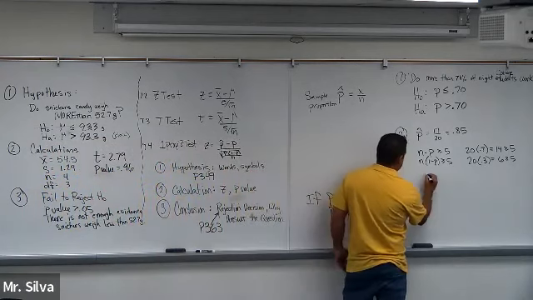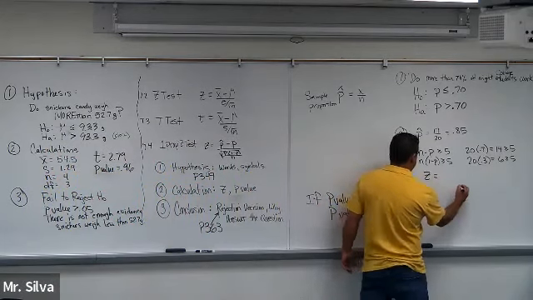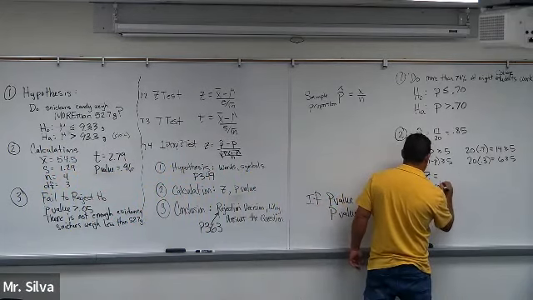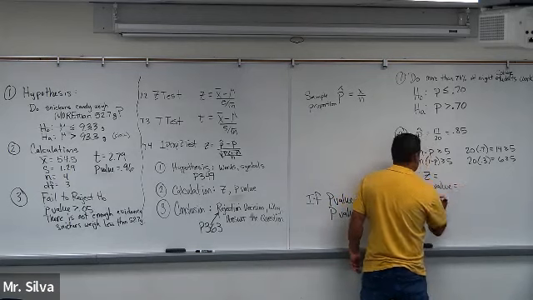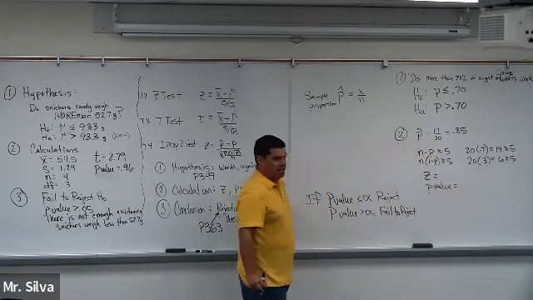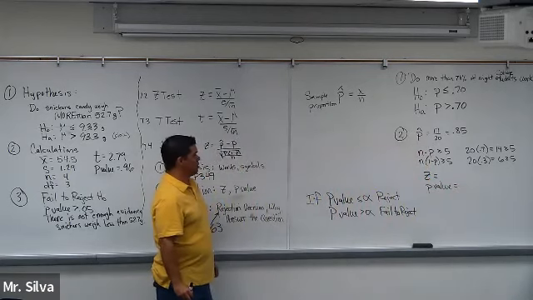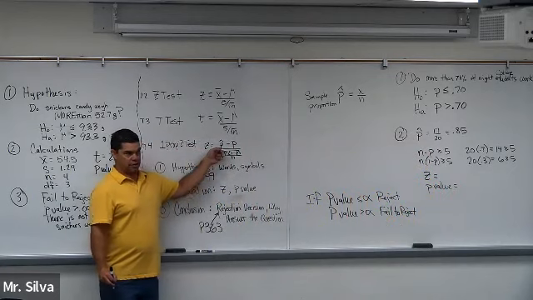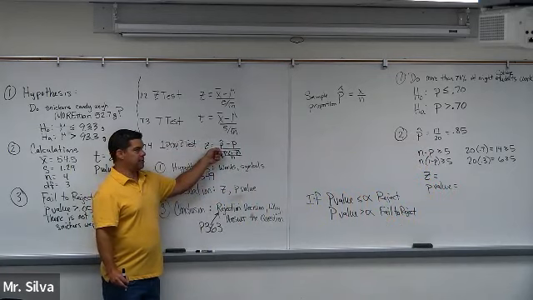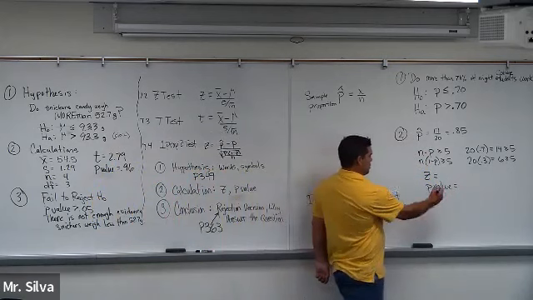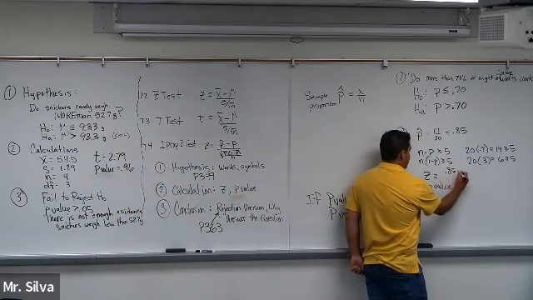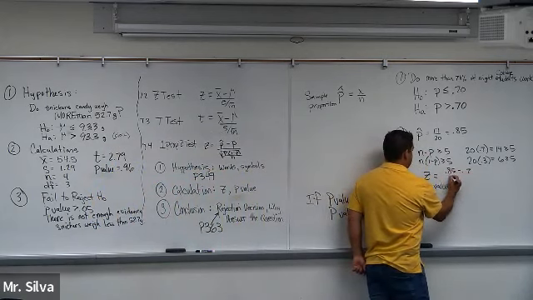Then I'm going to calculate my Z and my P value. My Z score is right here. P hat. I'm going to write it out. 0.85 minus 0.7.